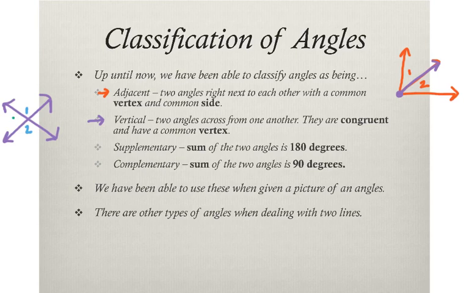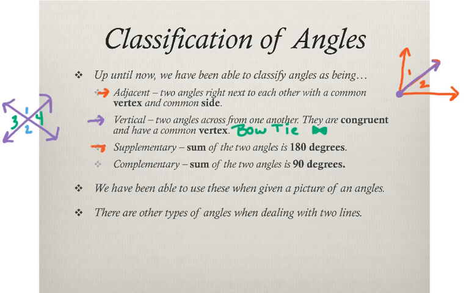Or I could have angle 3 and angle 4 being vertical. Remember, I said that they make a bow tie, okay? So if you have any family members that wear the bow tie when you get dressed up, that's what they make.